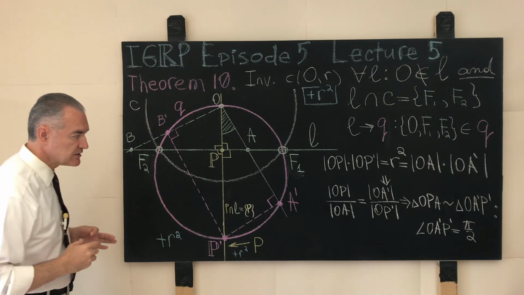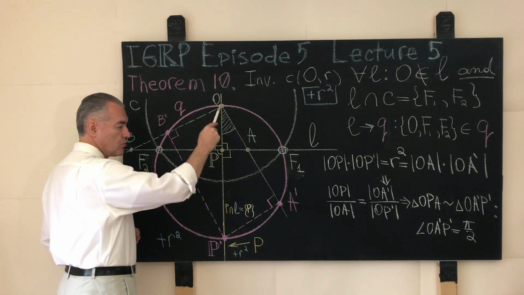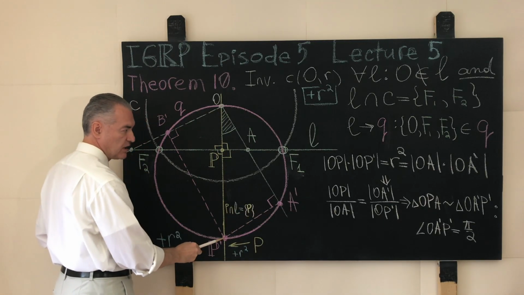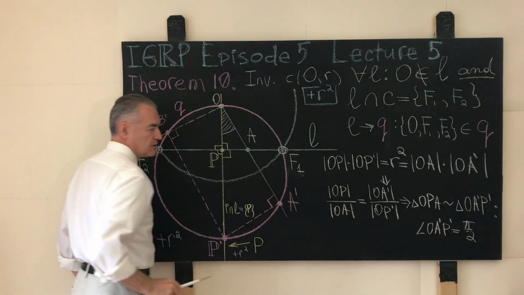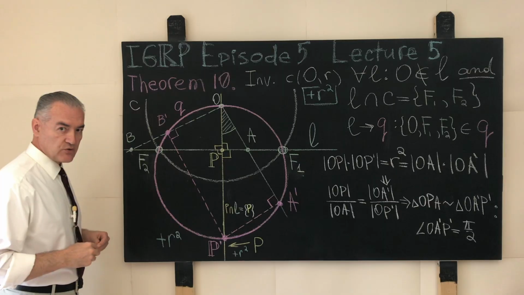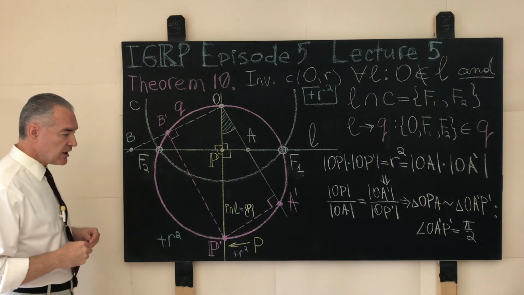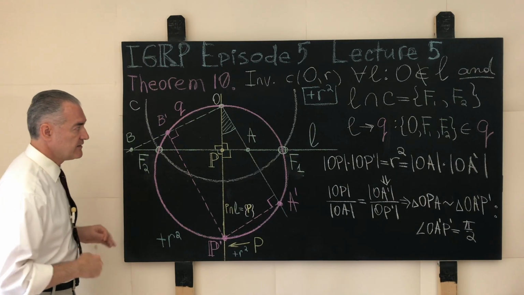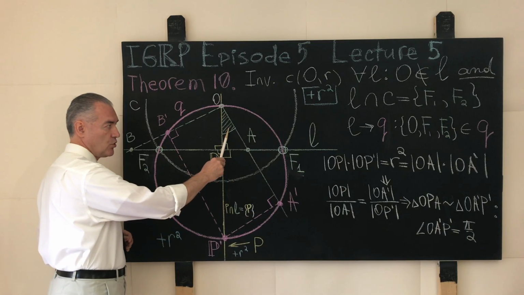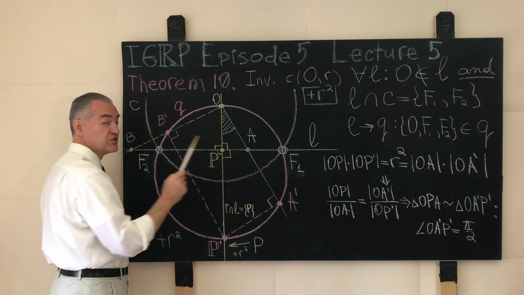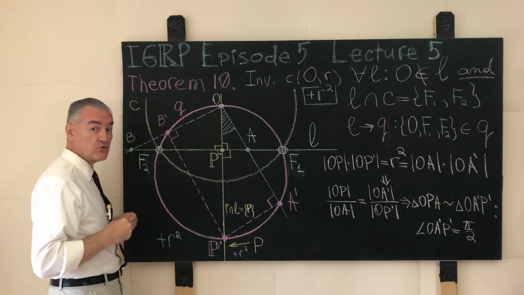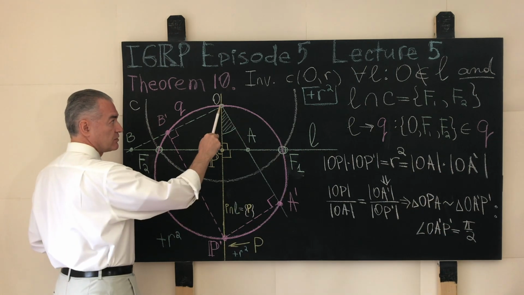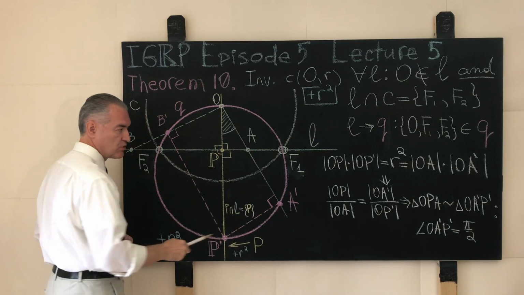Well, for now we cannot say much about the triangle OA prime P prime, other than we have some interesting proportion going for the lengths of the corresponding sides. But we can definitely say that this interior angle at O of the triangle OPA is shared or one and the same as the interior angle at the vertex O of the triangle OA prime P prime.